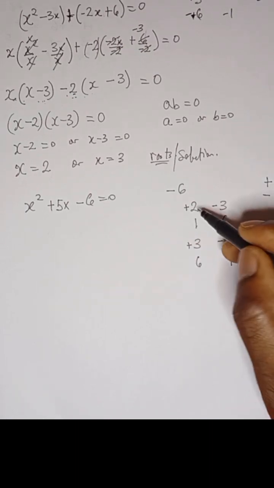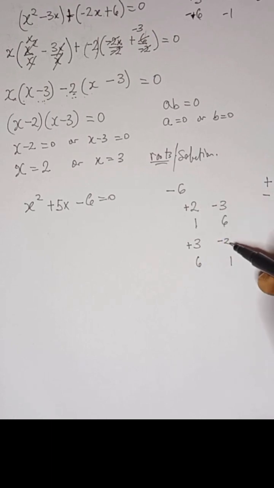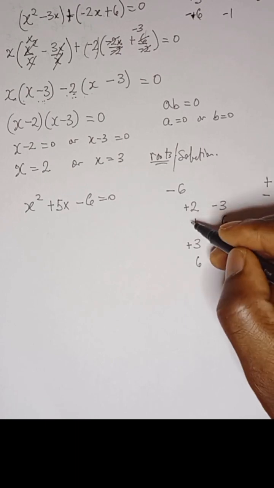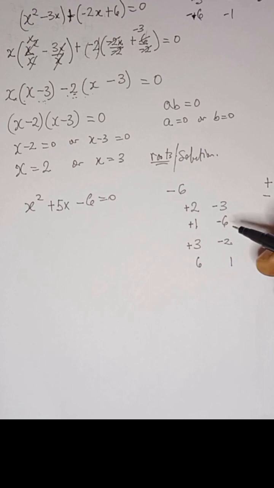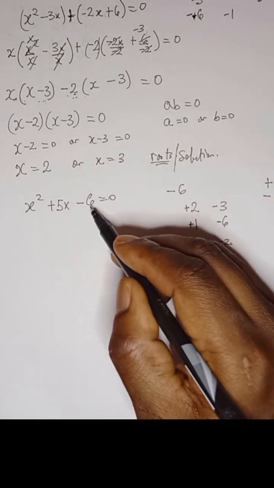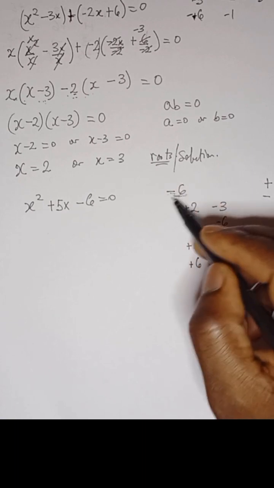Take note, here 2 carries the positive sign, but here it carries the negative sign. I could also have plus 1 minus 6, or plus 6 minus 1. Can you see the interchange of the signs?